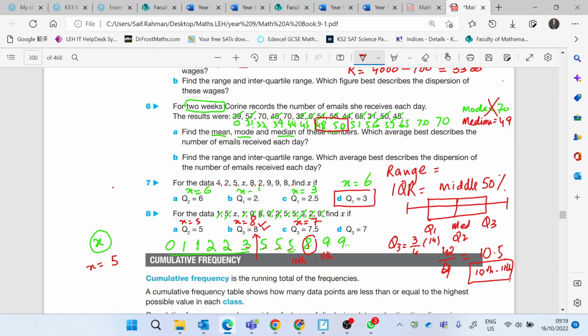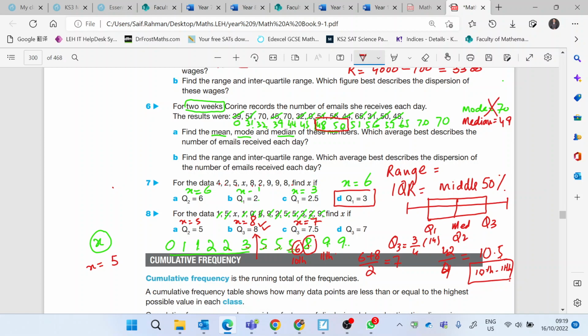If the 10th value here is 6, then the average of 6 and 8 is 7, right? So 6 plus 8 divided by 2 gives you 7.